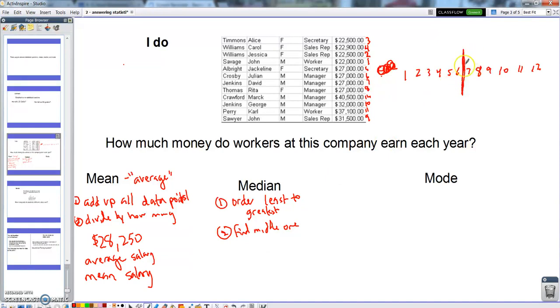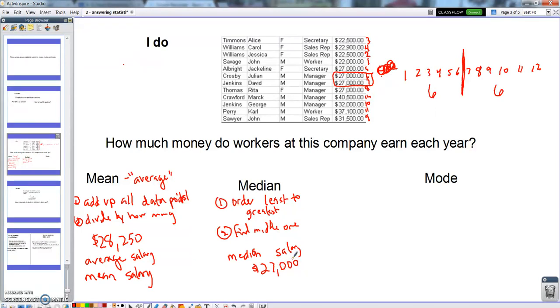If I find the median right there, then there are 6 on this side of it and 6 on this side of it. So I'm going to find the 6th and the 7th salary. I'm lucky in this case. They're both the same, so I have to do a lot less work. Really I would find the halfway point between the 6th salary and the 7th salary, and in this case they are the same. So the median salary is $27,000.